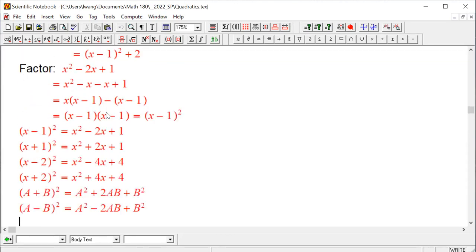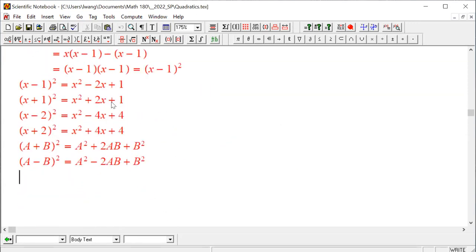Okay, so let's take some other examples. Example number 5. This time I'm going to give you an example of making a perfect square. f of x equals x squared plus 4x minus 5.